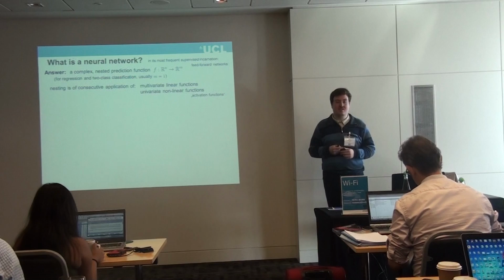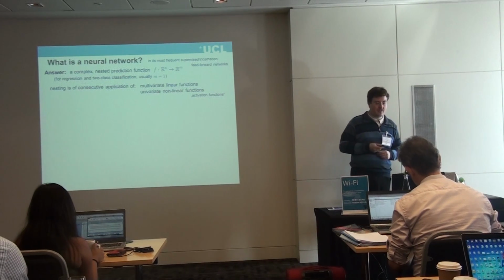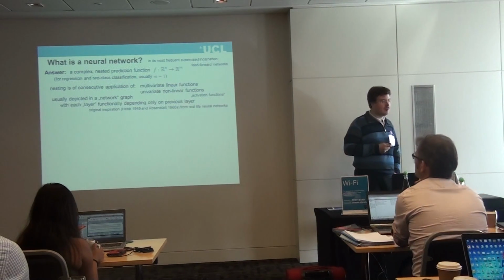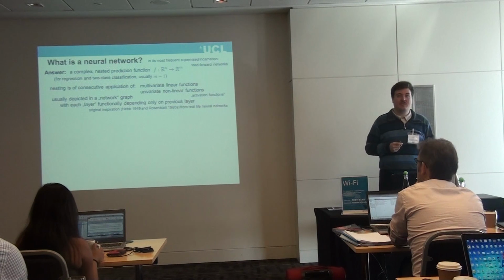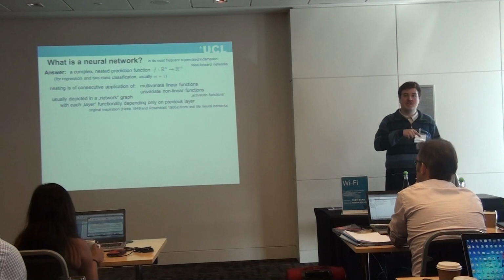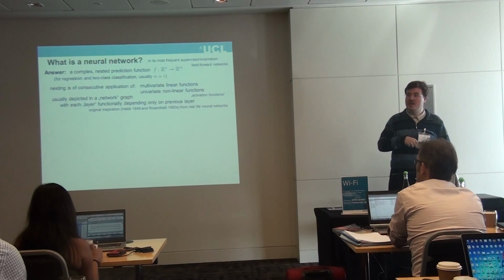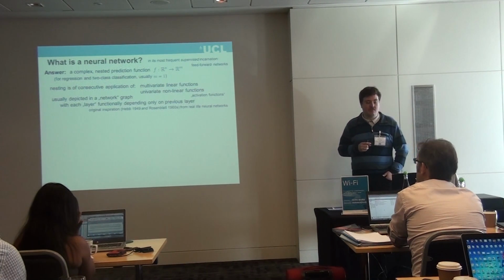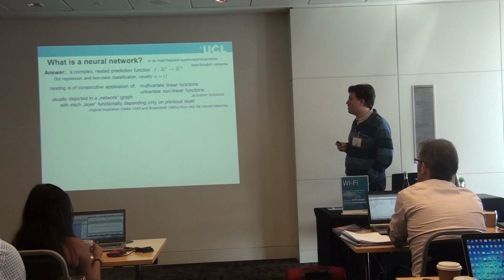And each time you do this, it's a so-called layer of the neural network. It is usually depicted as a network graph, showing how the results of the last iteration of applying the functions feed into the new iteration, in the so-called network graph that you quite often see when neural networks are talked about.